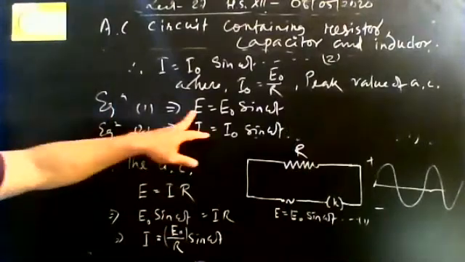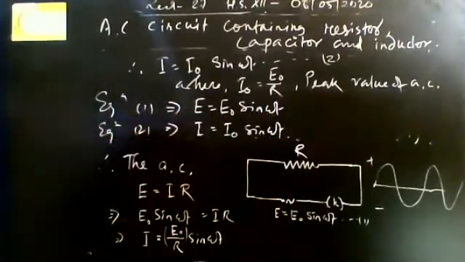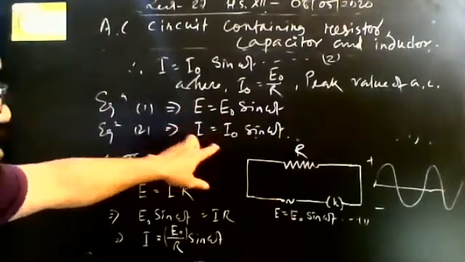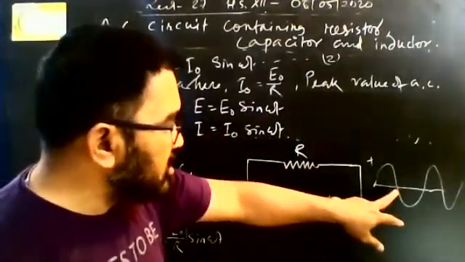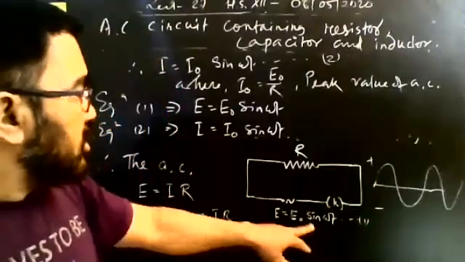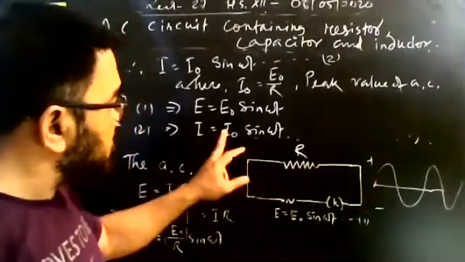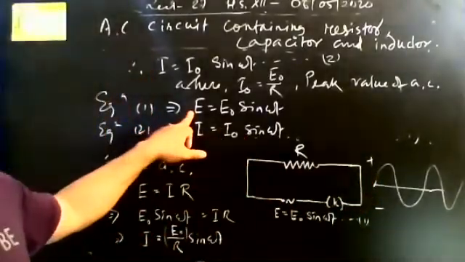Right? Both are in phase. So if this represents E naught, I naught will be the same, but I naught will also change according to E naught.